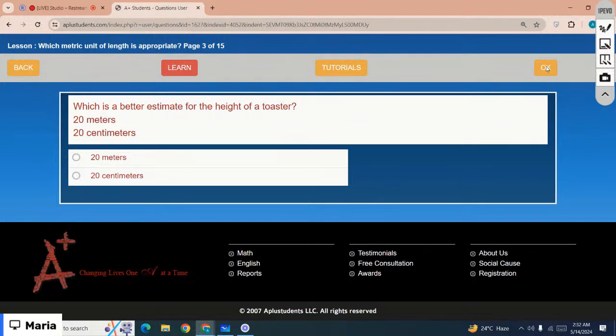Which is a better estimate for the height of a toaster? 20 meters or 20 centimeters? The correct option is 20 centimeters, because that is just a toaster. 20 meters is too much for a toaster.